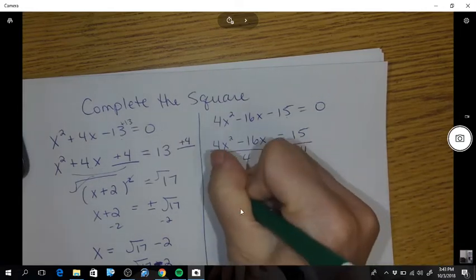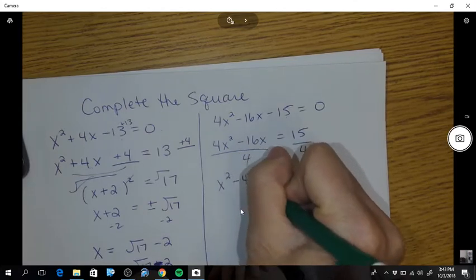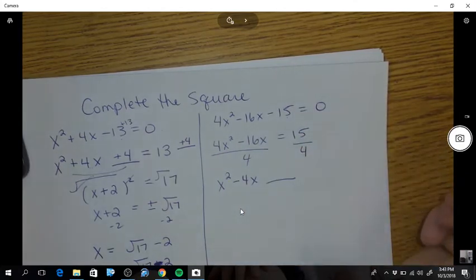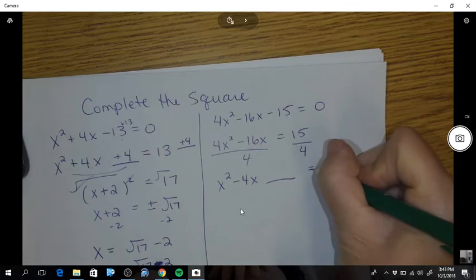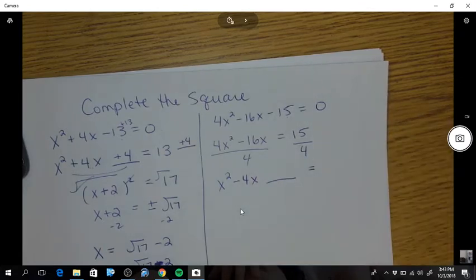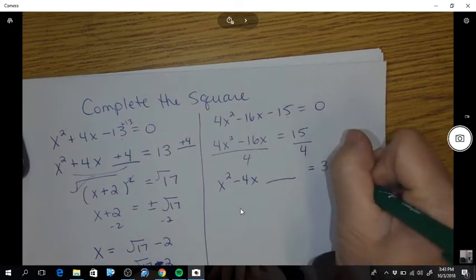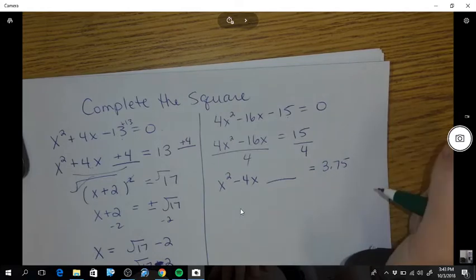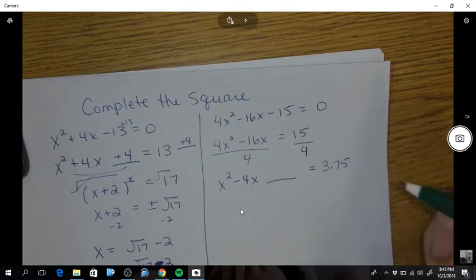So I get x squared minus 4x. Now I'm going to have a blank equals, what is 15 divided by 4 is 3.75. Or you could leave that as 15 quarters, doesn't matter.